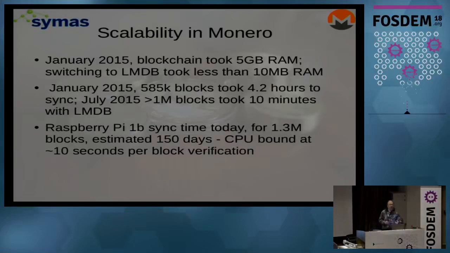The Monero network was measured at about 1,000 transactions per second before LMDB and about 1,700 transactions per second after LMDB. So you can actually run a full node on a first-generation Raspberry Pi without too many problems. The Pi will be quite busy CPU-wise, but it can do it.